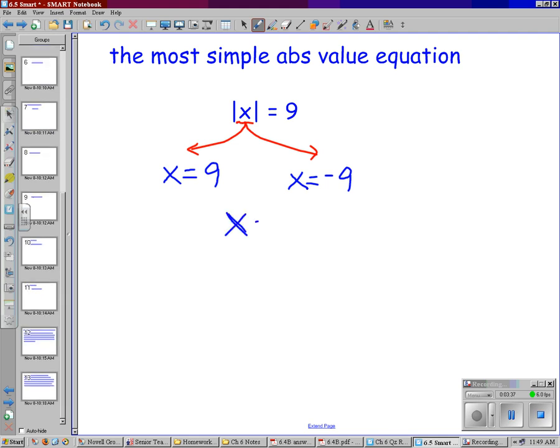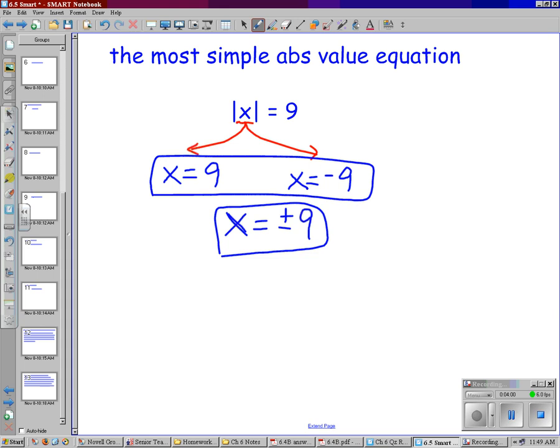You can write x equals plus or minus 9 like this. This would be appropriate. That shows me both a positive 9 and a negative 9. I will accept that kind of an answer if both of the numbers are the same number and that's just a difference of their sign. Okay. So on this particular problem, x could be equal to a positive or a negative 9. This could be our answer, or if you want to write them separately, that's fine with me. Okay.